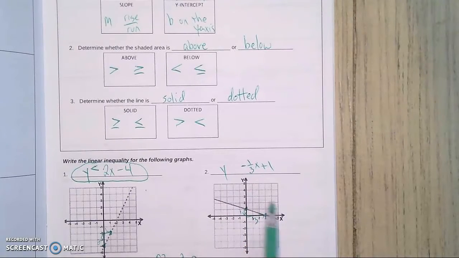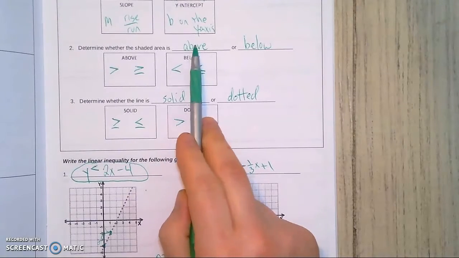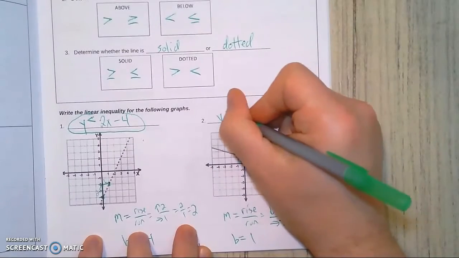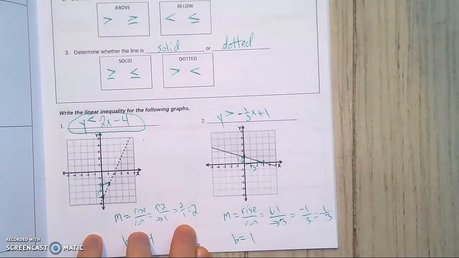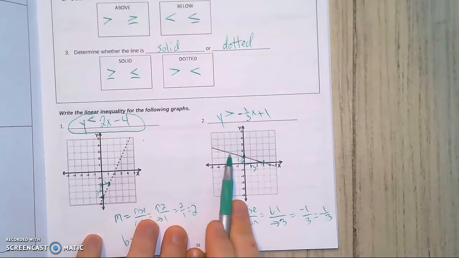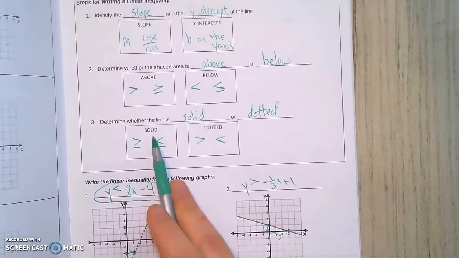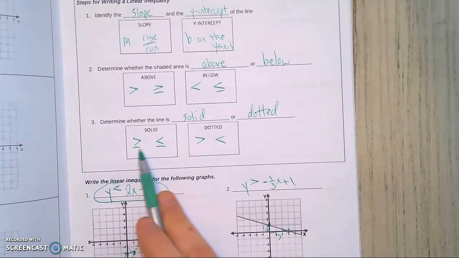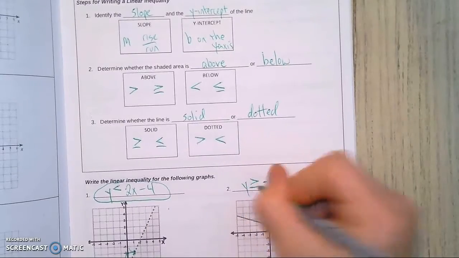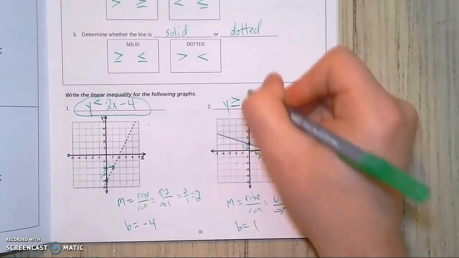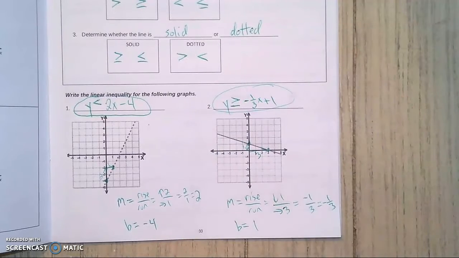I'm looking at all this shading up above the line, so if it's shaded above, I know I need some type of greater than symbol. And I'm going to drop that in there. And then this time I see that the line is solid. So like an equation, it could be equal. And I know if I see a solid line, I need my or equal to. So it looks like greater than or equal to was a good choice for that one, and that's y greater than or equal to negative 1/3 x plus 1.